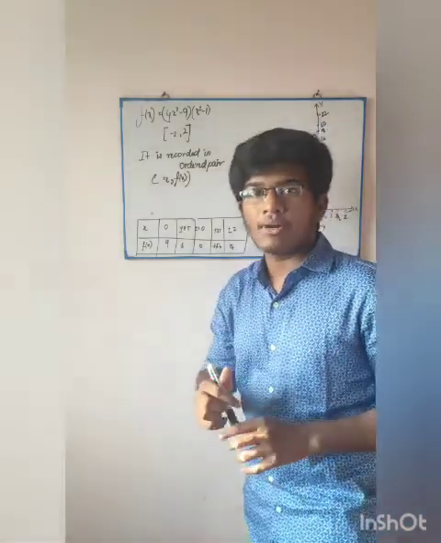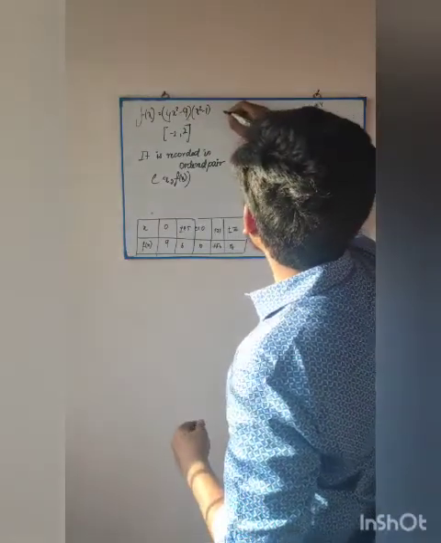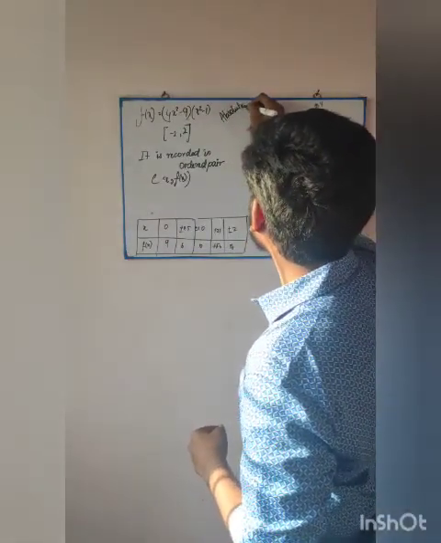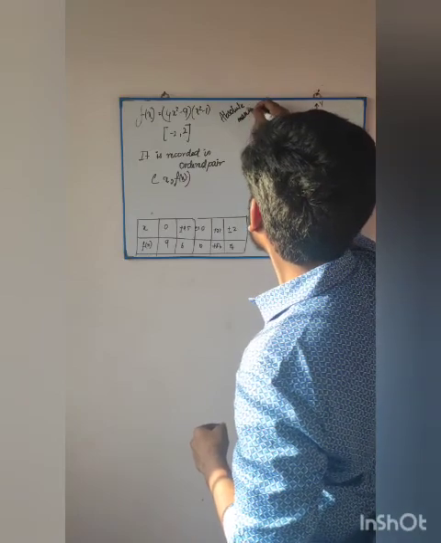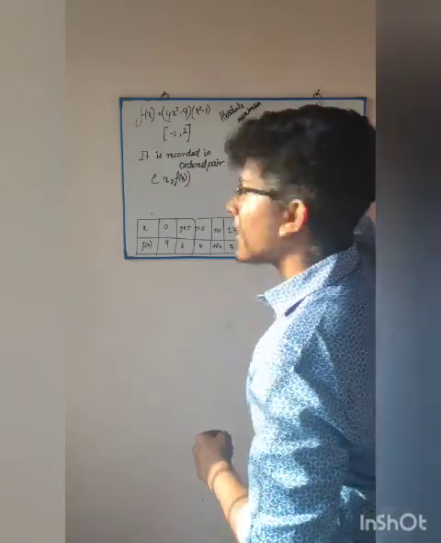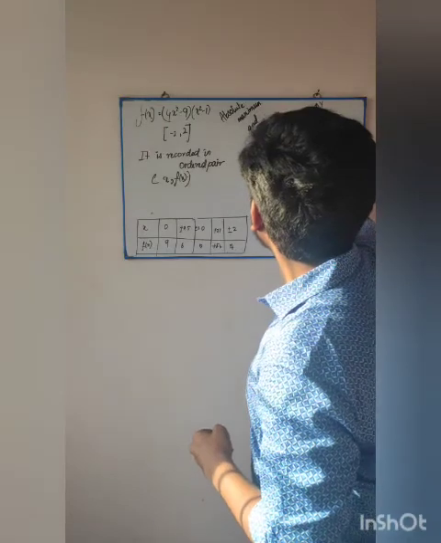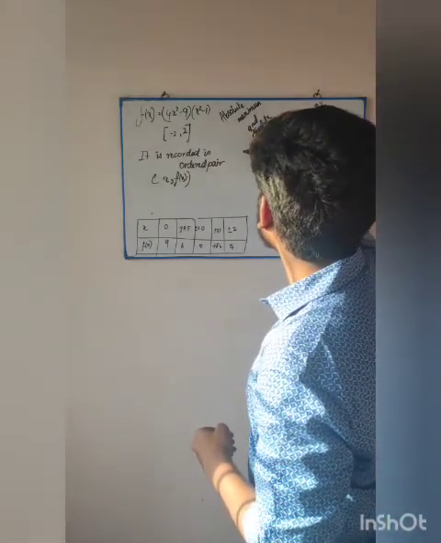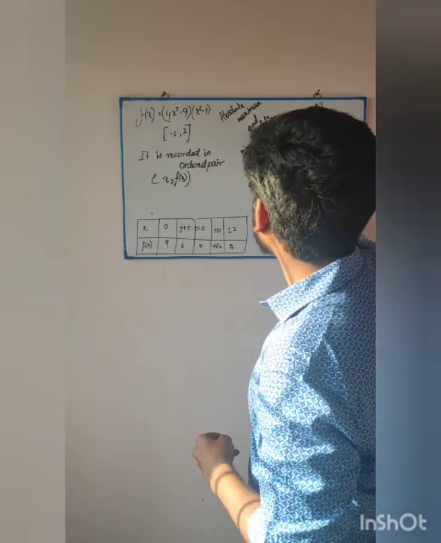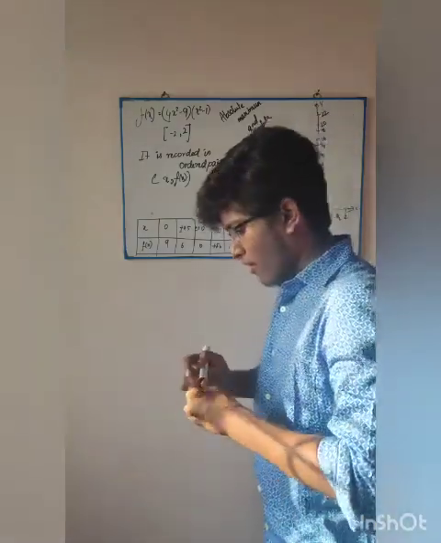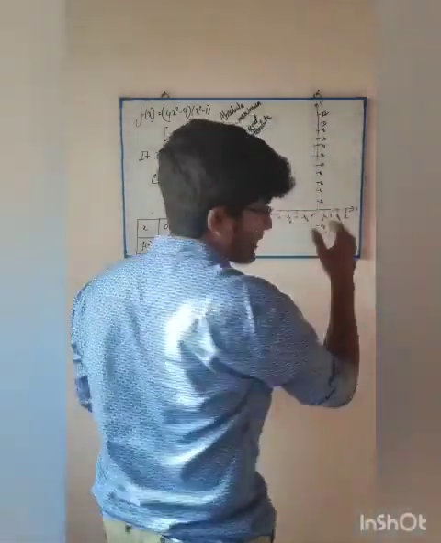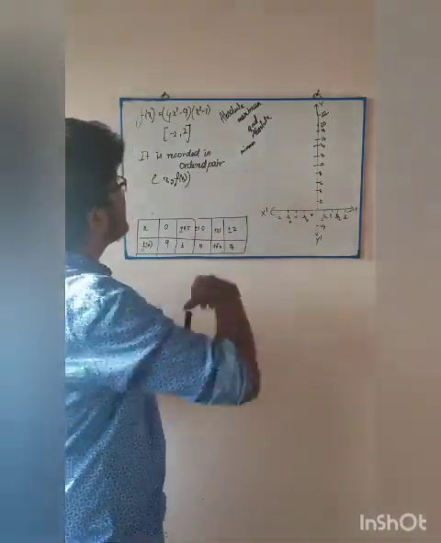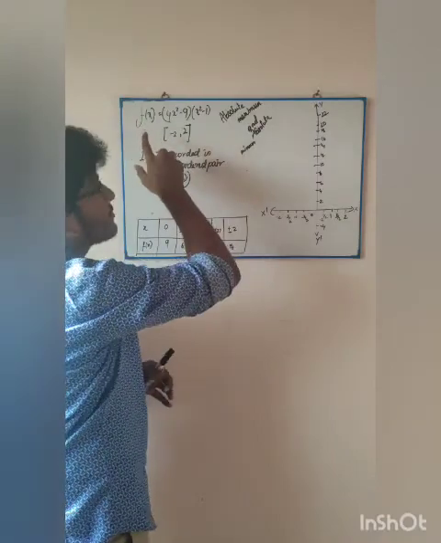Now we are going to see how to find the absolute maximum and absolute minimum with the graph. So here we take y is equal to f of x.